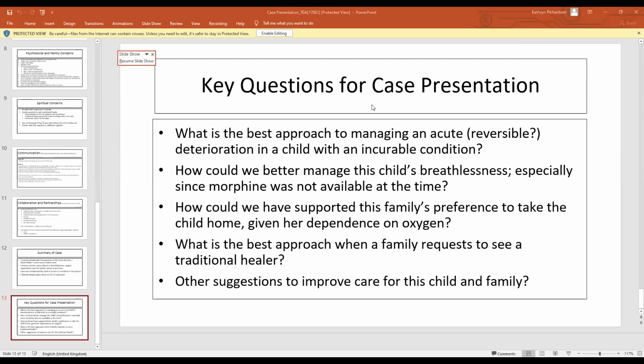I think some of it comes down to confidence as well, because it's not easy to sedate a child and render them barely conscious and send them home. It's not an easy thing to do. And it's not easy to send a child out of the hospital breathless. So it's really not an easy case to manage.